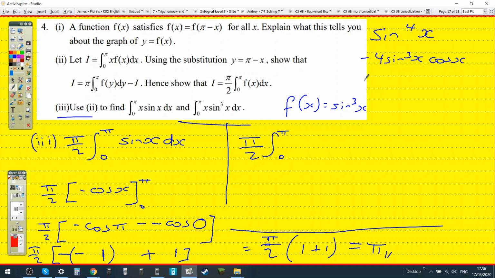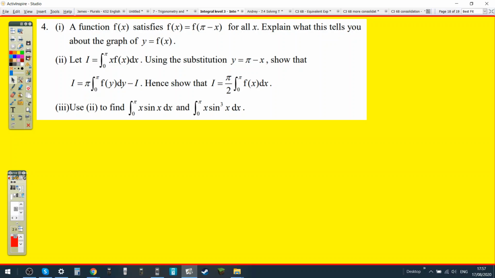Does that help us? Or not? Use part 2, f of x. We could do sine squared x times sine x, something like that. Does that help?